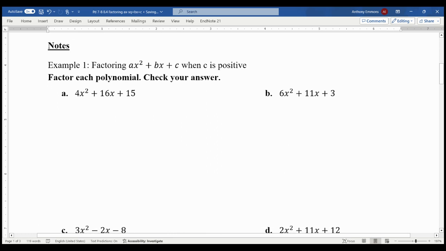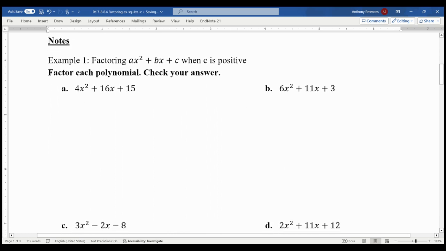So, as we said, these problems are going to be the same as the previous lesson, just slightly larger. I'd still like you to identify A, B, and C, then multiply A times C. In this case, 4 times 15 is 60. That's why we had you fill in that first table, numbers that multiply to 60.